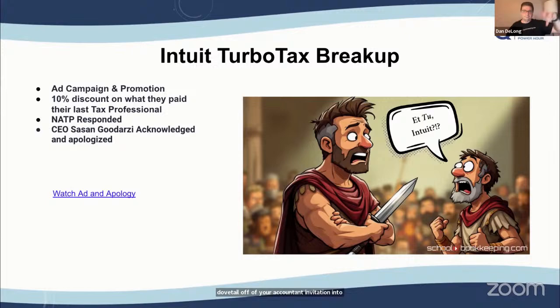So you're going to have this parent-child relationship with your multiple entities, but those features and users that you're going to be able to invite and grant access to, much like you as an accountant have an accountant invitation to a QuickBooks Online subscription, and you can invite team members to your QuickBooks Online Accountant, and they can dovetail off of your accountant invitation into your client, right? As a user in Intuit Enterprise Suite, they've claimed it's up to 500 users, but then you can provide granular access to those entities as to what they can do.